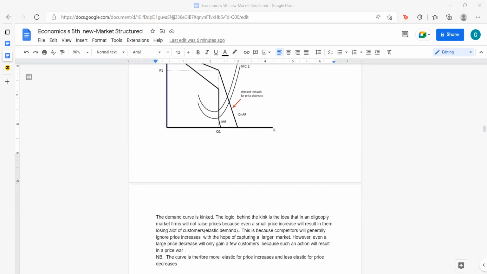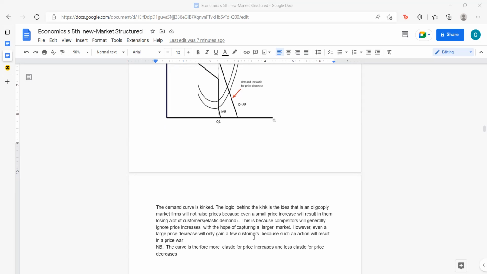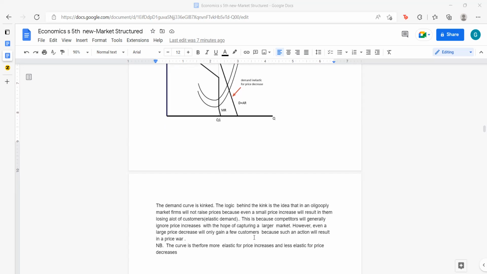We said what was a price war earlier, and this is why we have inelastic demand. A price war is where if one reduces their price, another one will follow suit, another one will, and eventually everybody is just at the lower prices with the same amount of customers, right? The curve is therefore more elastic for price increases and less elastic for price decreases. Hence the reason for the kink.